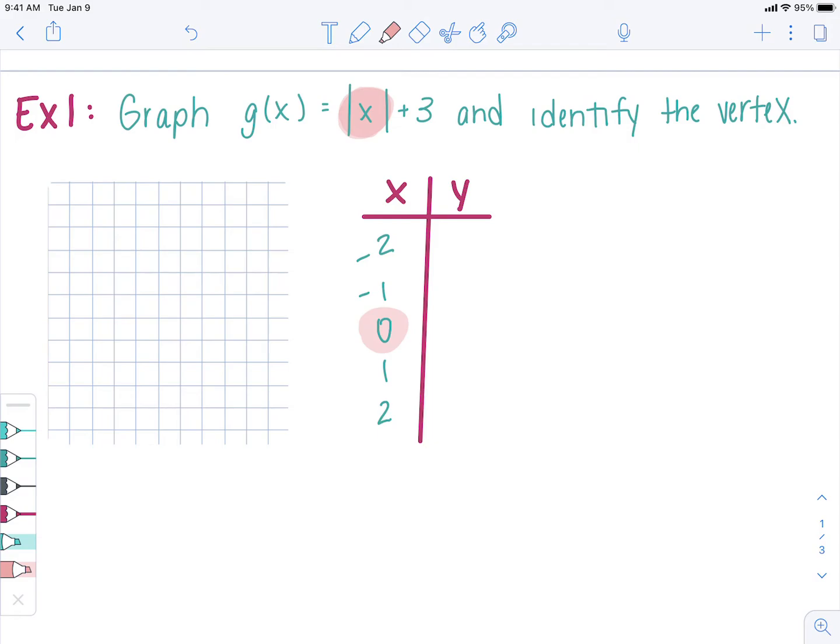So now, in order for me to get my y values, what do I have to do? Do the opposite. I have to plug my x values in, right? So I'm going to plug in -2, which means I get the absolute value of -2 plus 3. Are you okay with that?